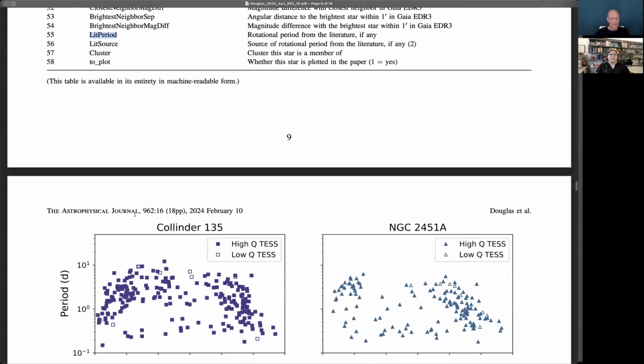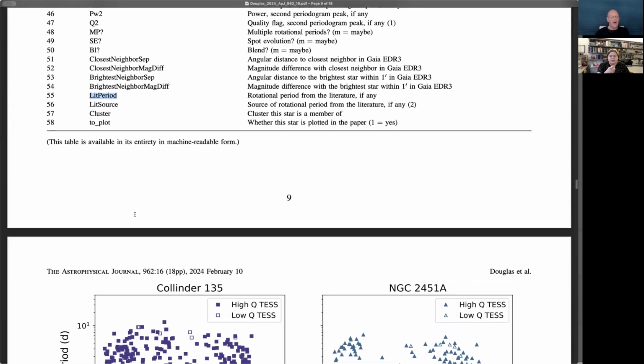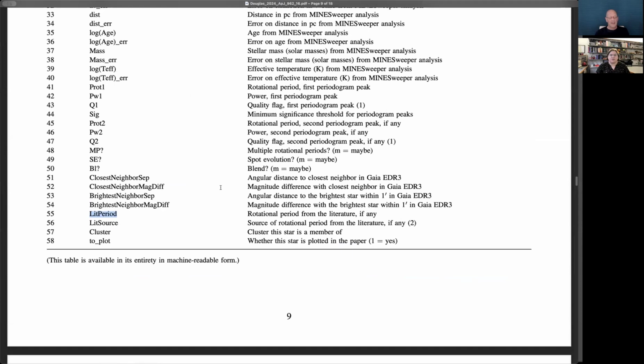Then let me talk about the blends for a second, columns 50 through 54.